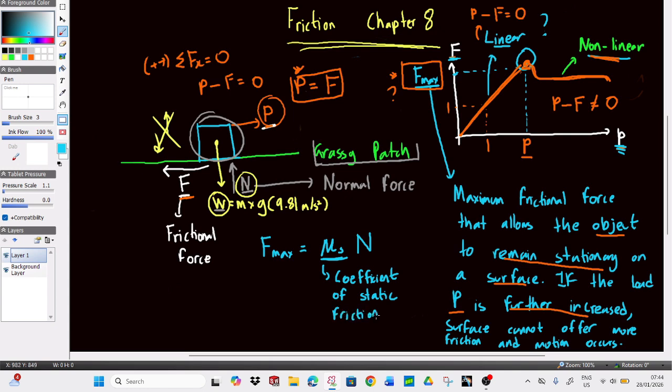And like I said before, mu s depends on the surface itself. Different surfaces have different values of mu s, and N is the normal force.